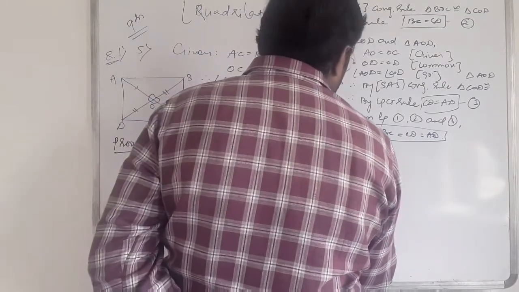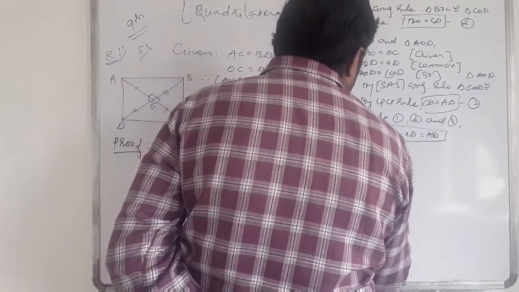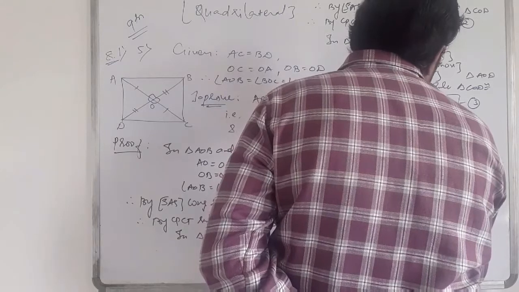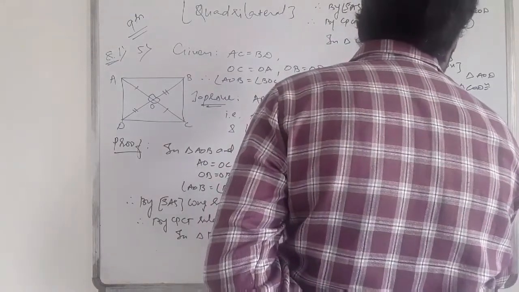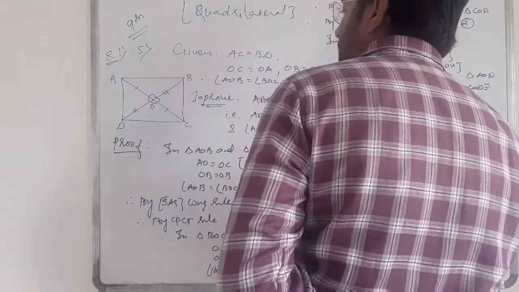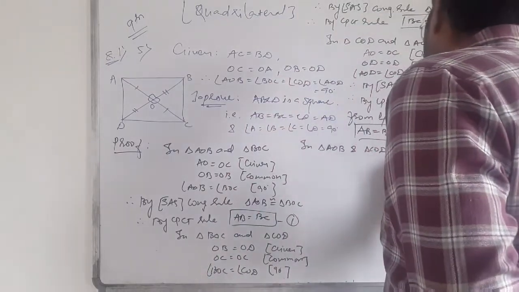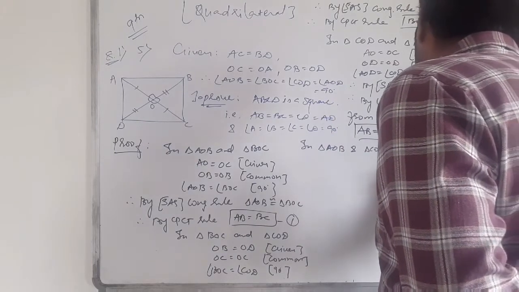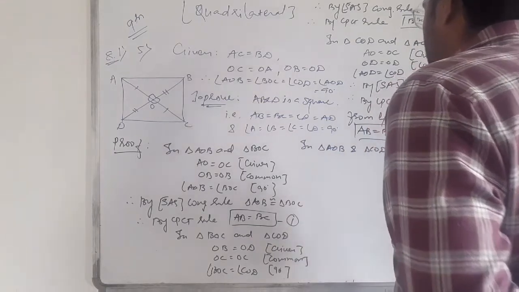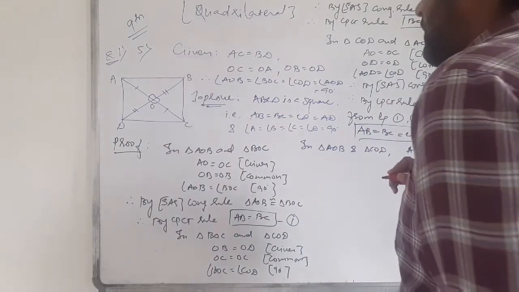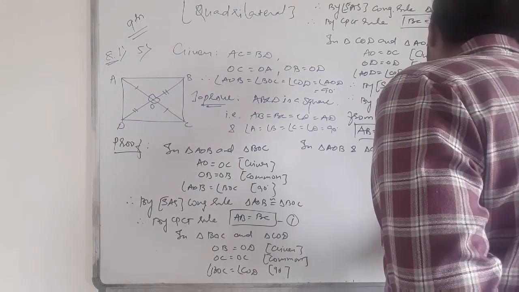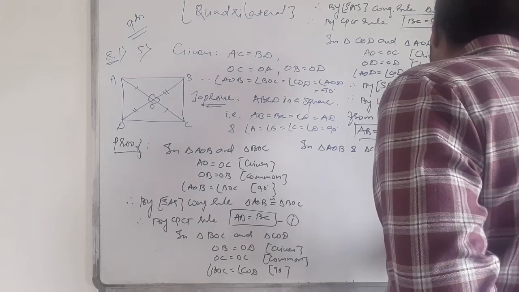In triangle AOB and triangle COD, AO is equal to OC, that is given. Second thing, BO is equal to OD, that is also given, and angle AOB is equal to angle COD. Those are 90 degrees.